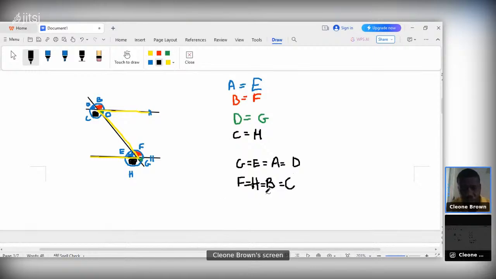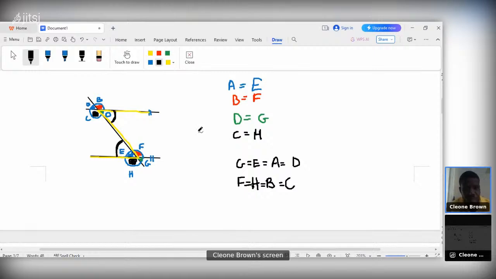Alright, so F is equal to H, which is equal to B and equal to C as well. For this Z angle here, the interior opposite angles are the same. So as we already know, angle D would be equal to angle E. These are interior opposite.